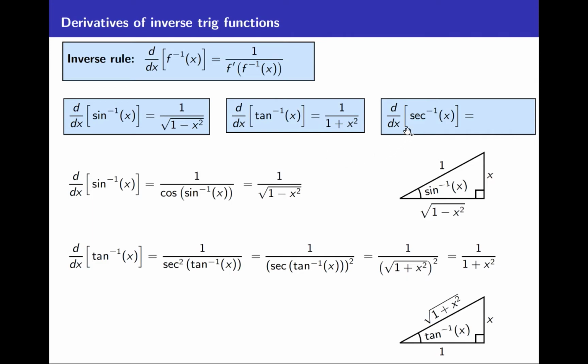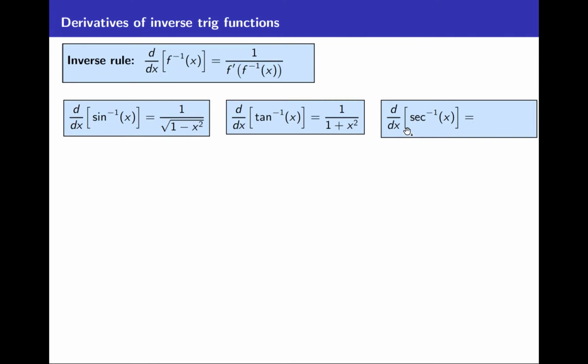Let's move on to secant inverse of x. We'll work that out. For the derivative of secant inverse of x, we'll use our inverse rule, where f is secant. The derivative of secant inverse of x would be 1 over the derivative of secant with secant inverse of x plugged into it. Now the derivative of secant, remember, is secant times tangent.